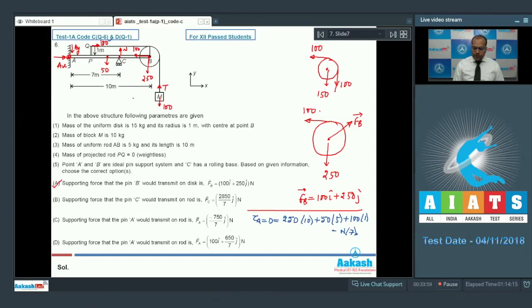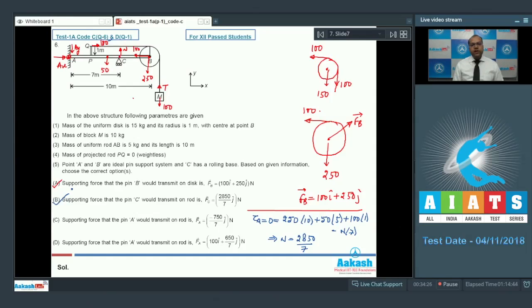So if I solve for the value of N, it comes out to be 2850 by 7. So option B is correct, because it is given that the supporting force that the pin C would transmit on the rod is 2850 by 7 j cap Newton. So option B is also correct.